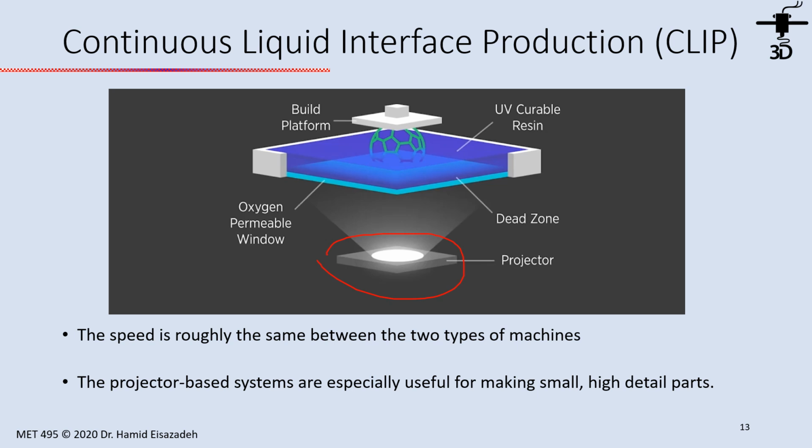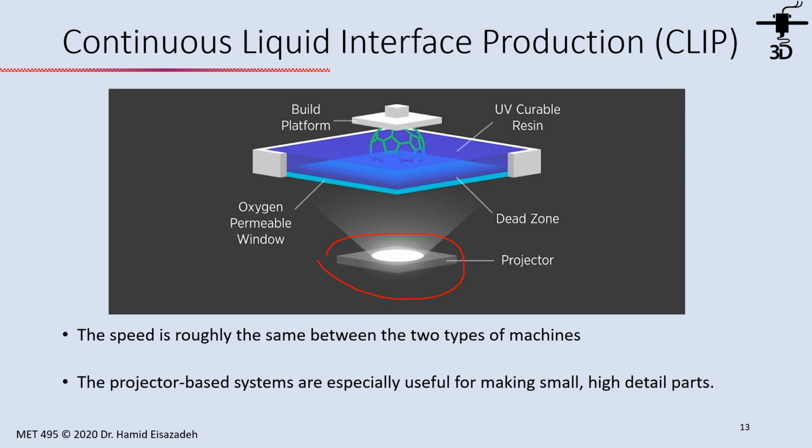The speed of this machine and the other machine that uses a laser spot is going to be the same. So the speed is roughly the same. But this projector-based system is especially useful for making small, high detail parts.